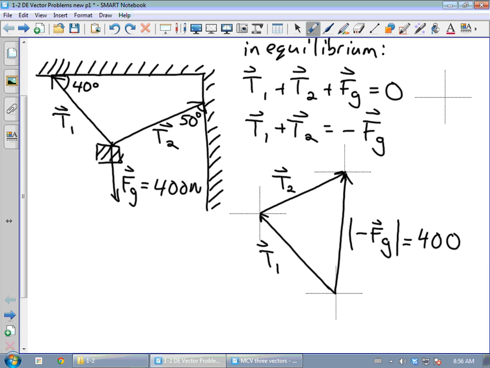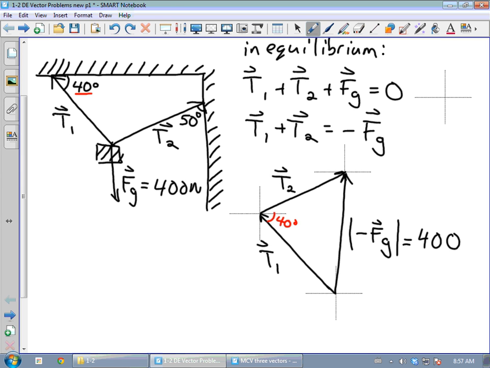So start with T1 here. The angle between the tip of T1 and the horizontal, this angle right here, is 40 degrees. So if we go to T1, we go to the tip, and we go up to the horizontal, that has to be 40 degrees in there. Not all the way up to T2, but just up to the horizontal.